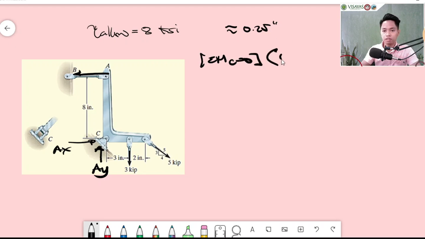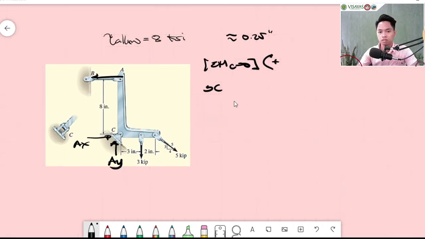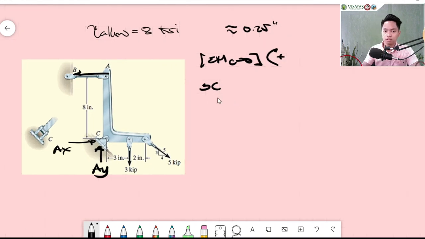Clockwise moments are positive. So therefore, clockwise moments, we will be having 3 multiplied by 3 inch.